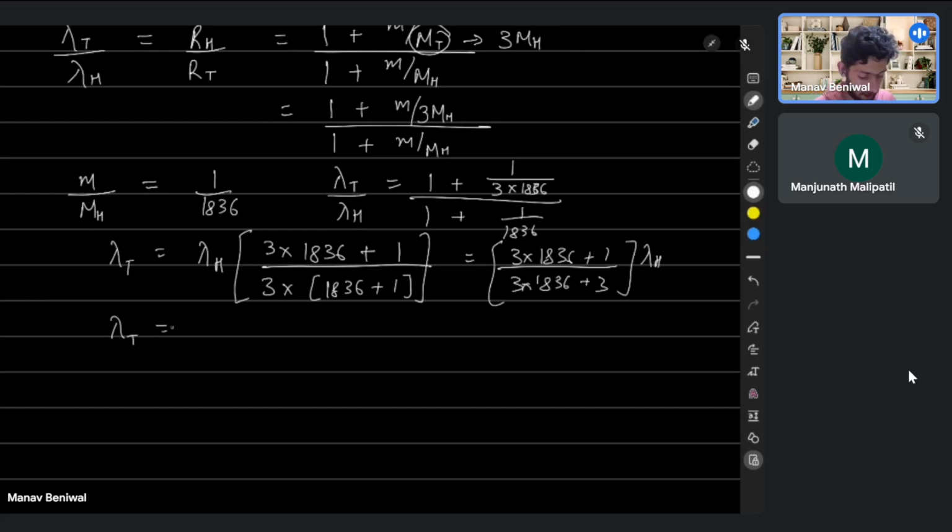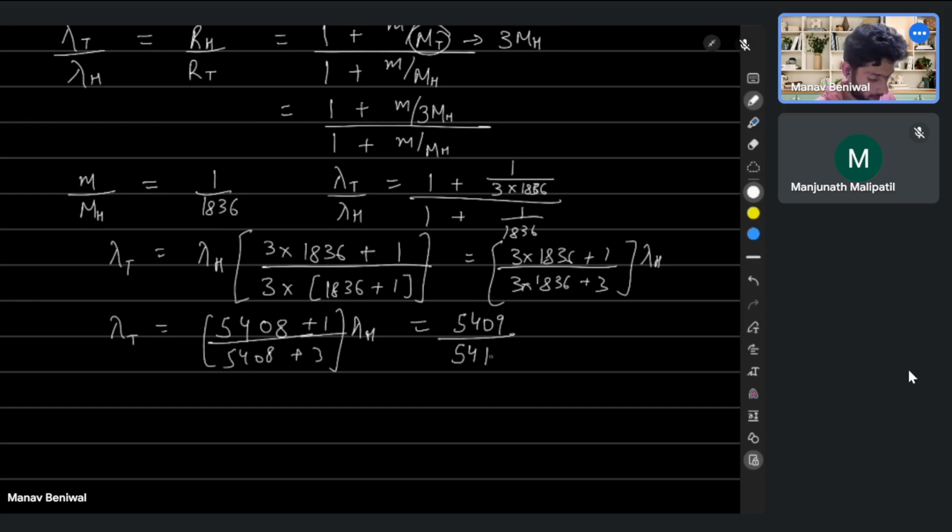So lambda t will be (5508 plus 1) over (5508 plus 3) times lambda h, or 5509 upon 5511 times lambda h.